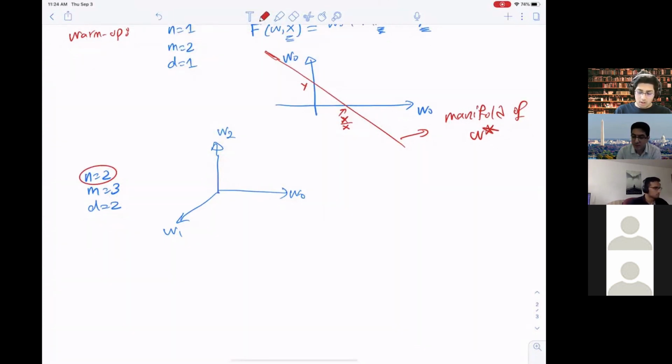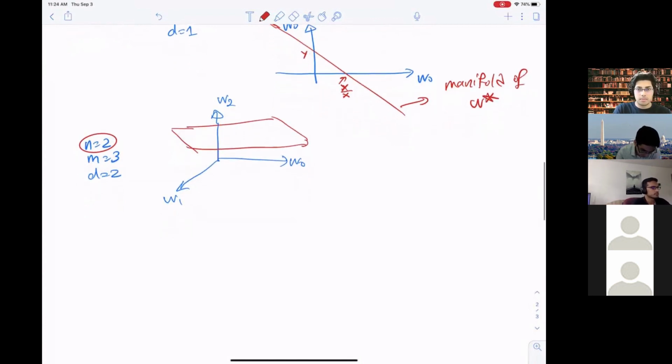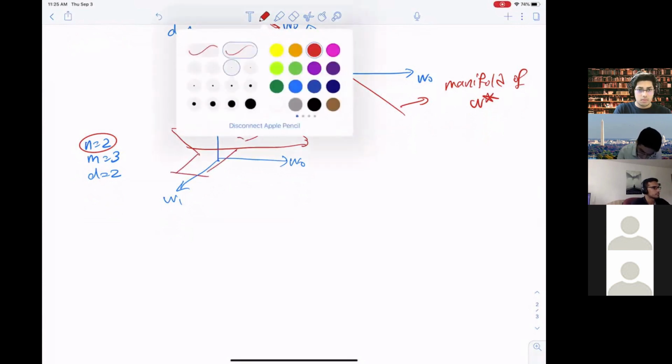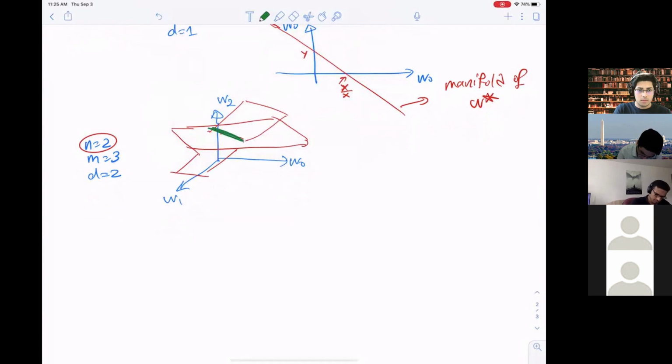Each of them is going to give me a plane. Let's say I have one plane, so these are the solutions that satisfy my first equation, and I have another plane for my second equation. I'm going to look at the intersection of the 2. This intersection is the manifold of my W stars.